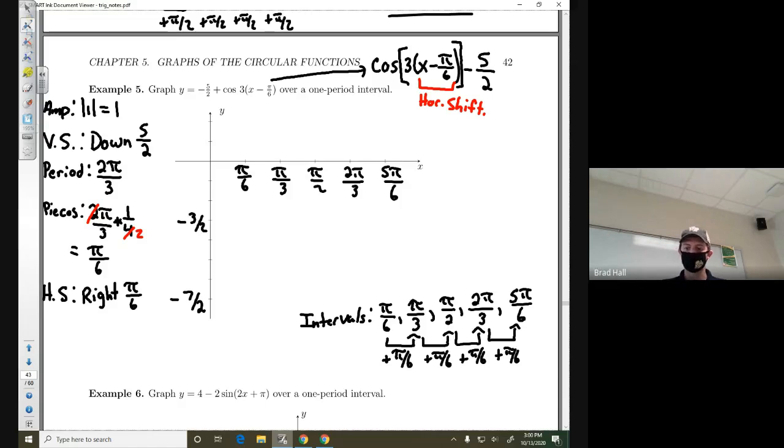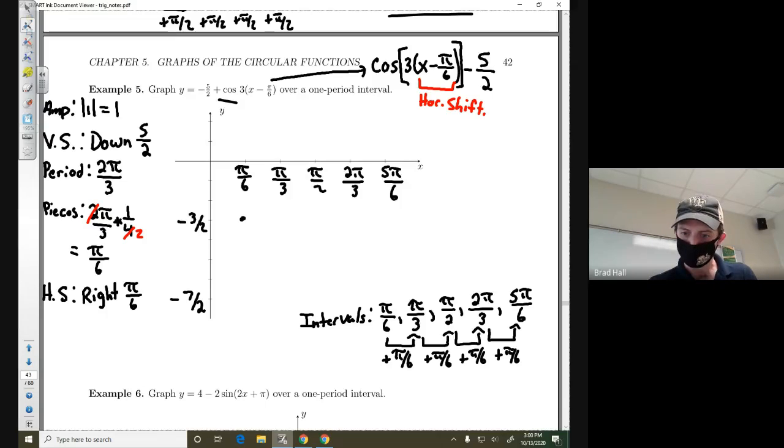And so finally, we have a lot of cosine shapes here. Cosine tells us that it's the cup, and there's no reflection. So that means we start at the top.